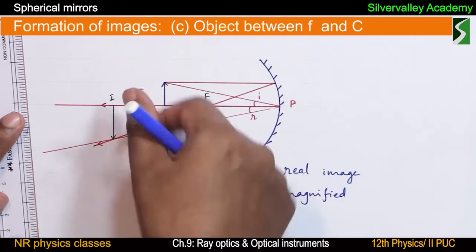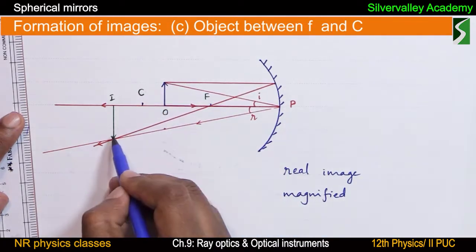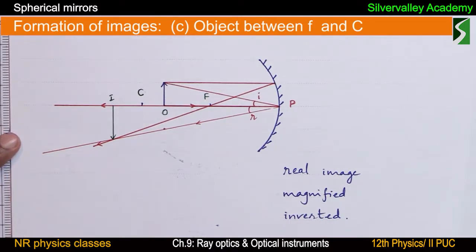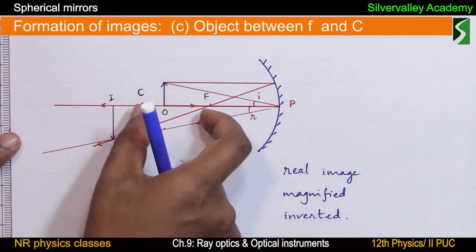And the image is inverted. Head is upside down. Therefore, inverted. So, real, magnified and inverted means the object should be between C and F.